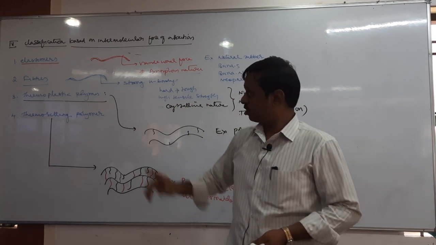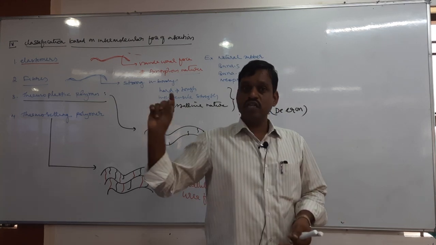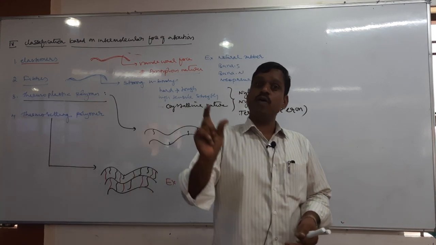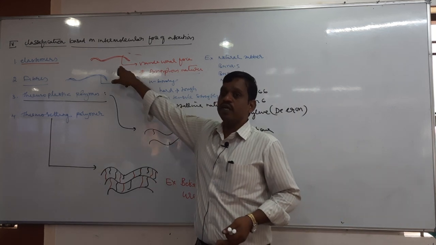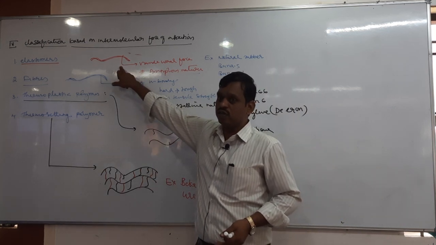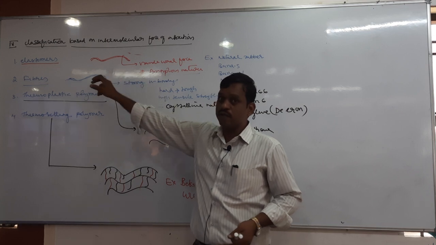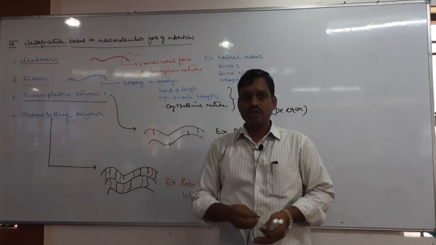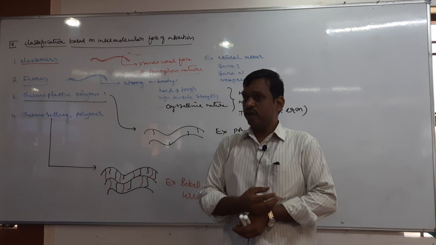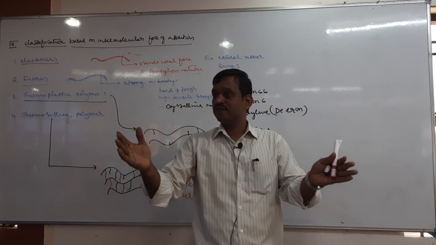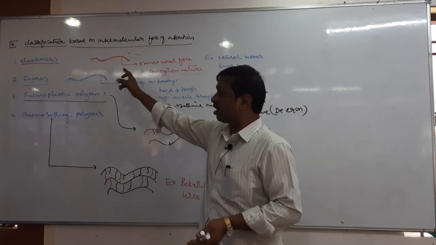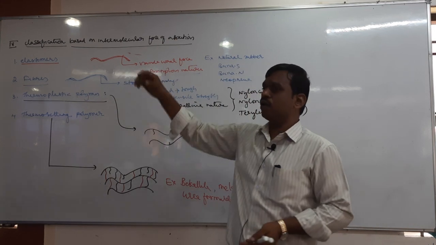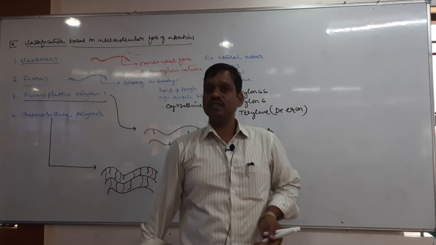Elastomers are polymers having elastic property like rubber, and their chains are held together by weak van der Waals forces of attraction. As a result, they can be stretched. When force is applied they expand, and when force is removed they return to the original position because of weak van der Waals forces. Examples are all rubbers, natural as well as synthetic.